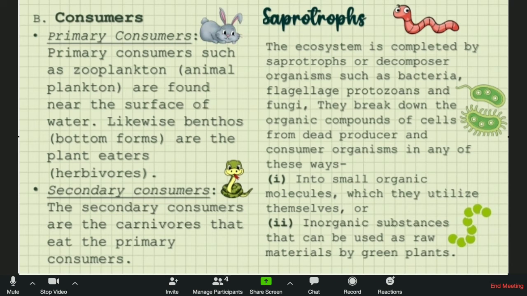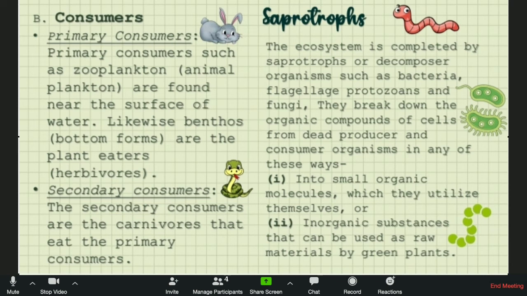Likewise, benthos or bottom forms are the plant eaters or the herbivores. Secondary consumers are the carnivores that eat the primary consumers. There might be some tertiary consumers that eat the carnivores or the secondary consumers.